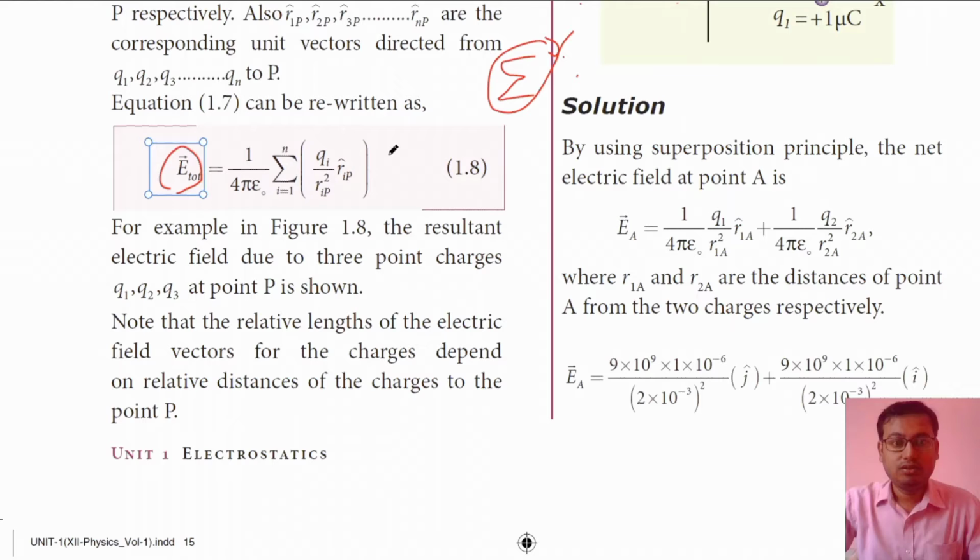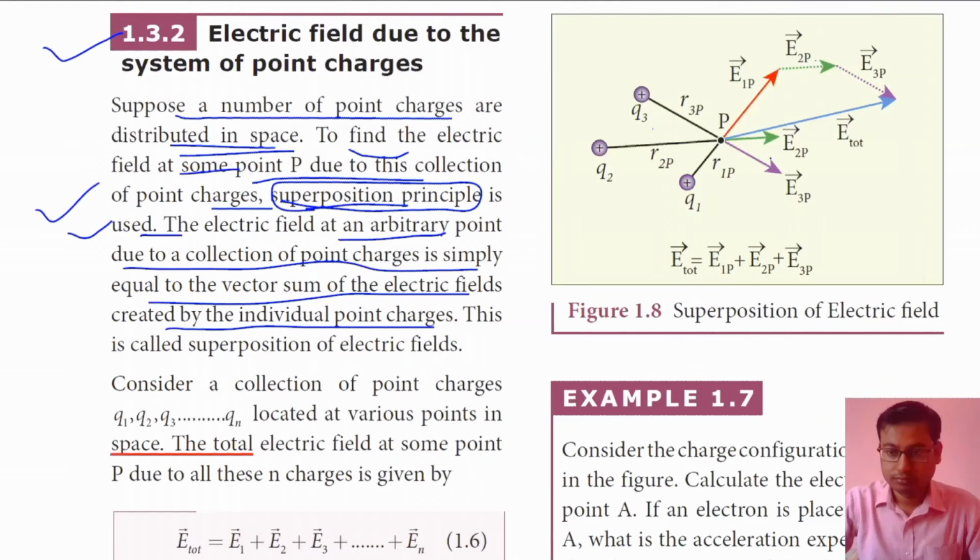For example, in figure 1.8 which we have seen earlier, the resultant electric field due to 3 point charges q1, q2, q3 at point P is shown. We already studied in class 11th that if there are 3 or 4 vectors or n vectors, then the resultant vector will be the vector sum of all the vectors keeping magnitude and direction constant.